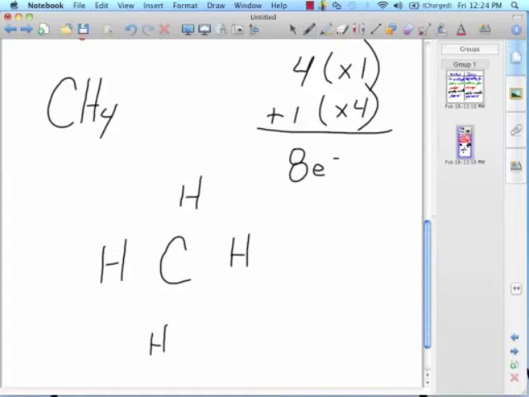Hydrogen can only have how many dots? 2 dots. So the most hydrogen can ever have is 2 dots. Everything else gets 8 dots. So I'm going to put 8 dots around carbon. And I've got 2 dots on this hydrogen, 2 on this hydrogen, 2 on this hydrogen, 2 on this hydrogen. So that seems right so far, doesn't it? Now we count them. 2, 4, 6, 8. How many do I want to have? 8. This must be right.